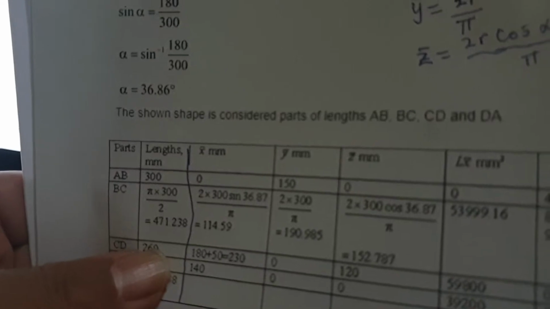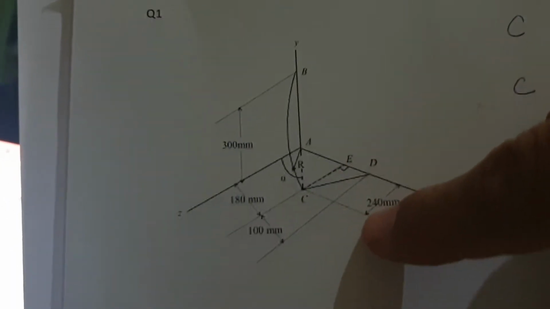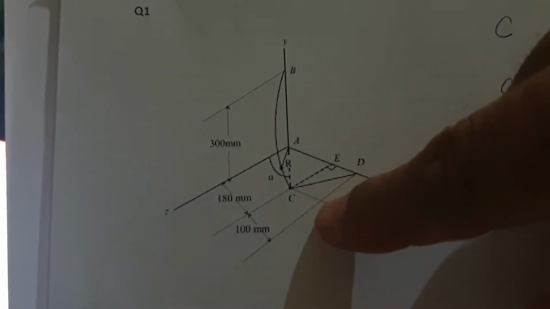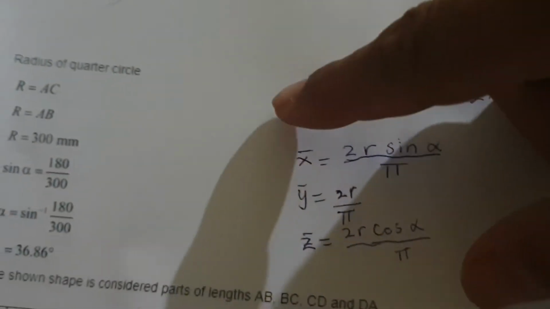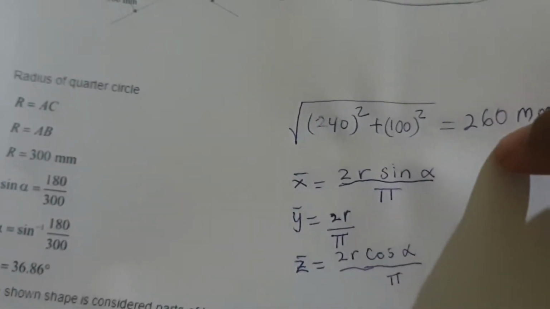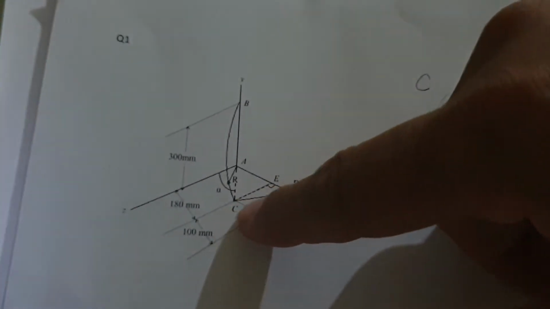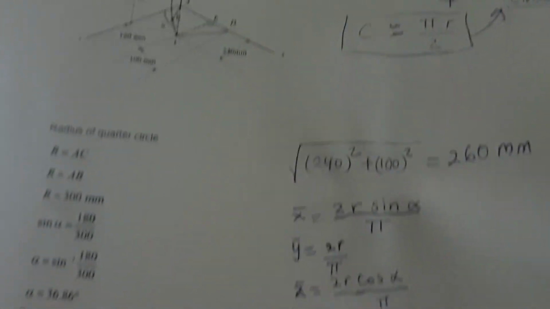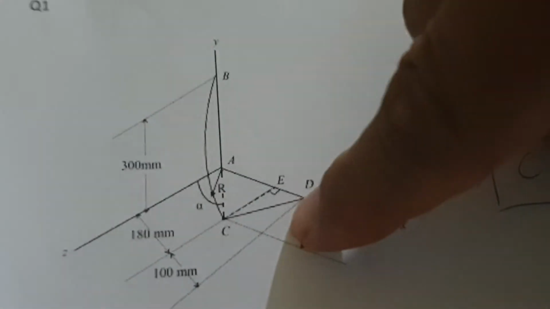What is the length of CD? Remember that CD has 240 and this is 100. So 240 squared plus 100 squared, under the square root, this is 260. So the length from C to D is 260. Now, this is CD.